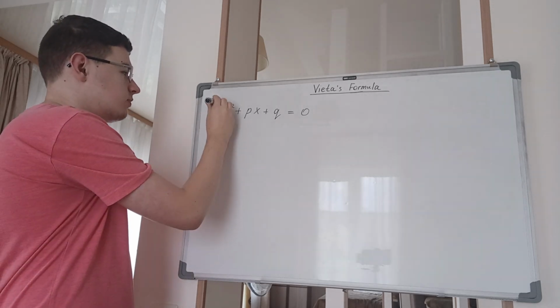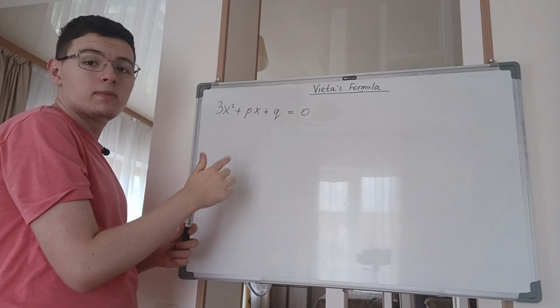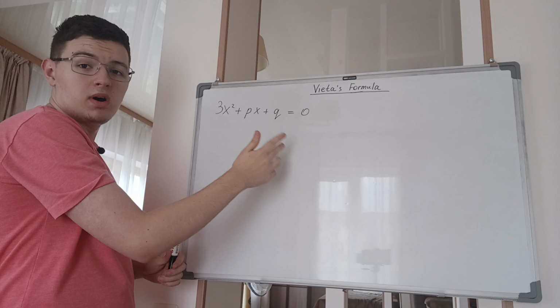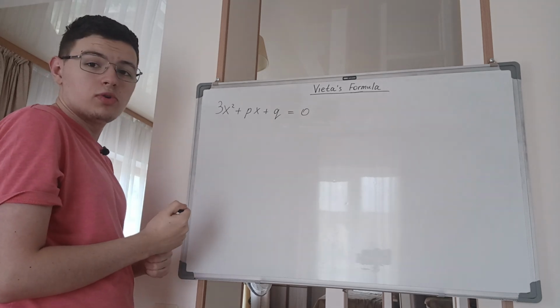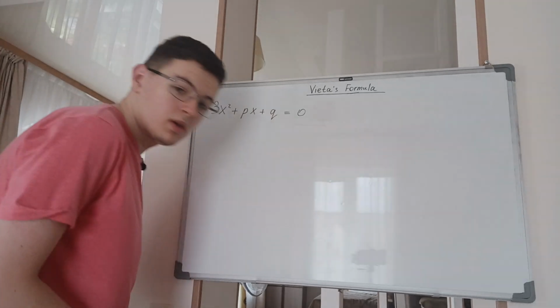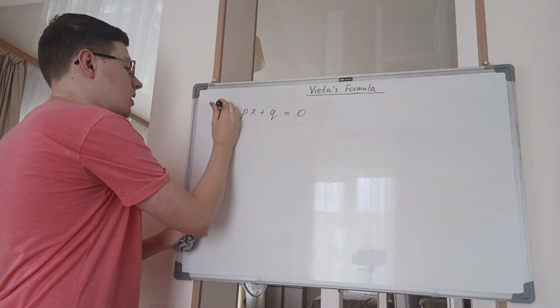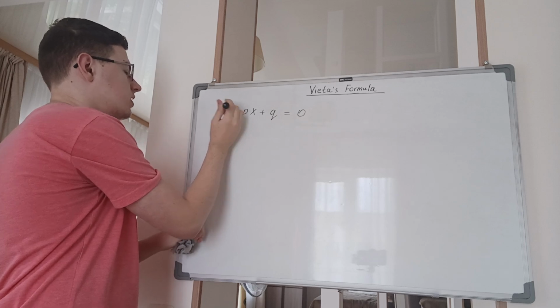So for instance, if we have 3 here, this method is not applicable anymore. We either divide both parts by 3, or we choose another way to solve this equation. But let's assume that we have this coefficient equal 1.